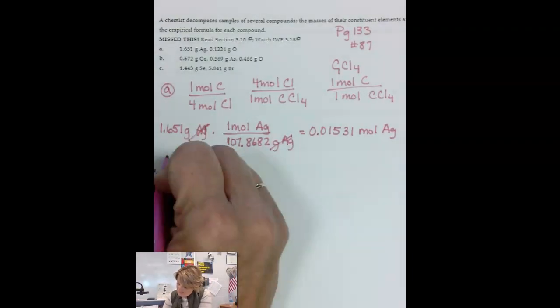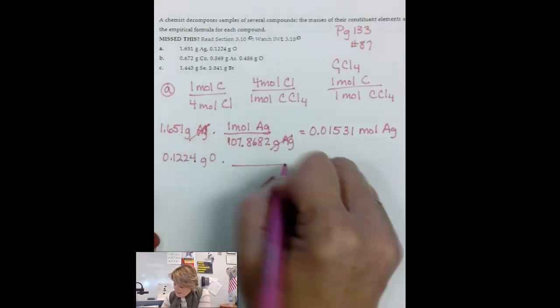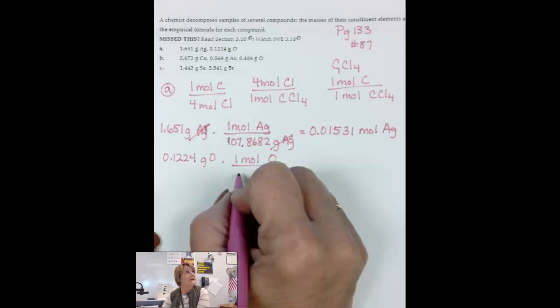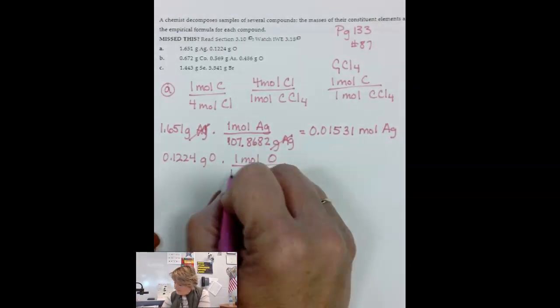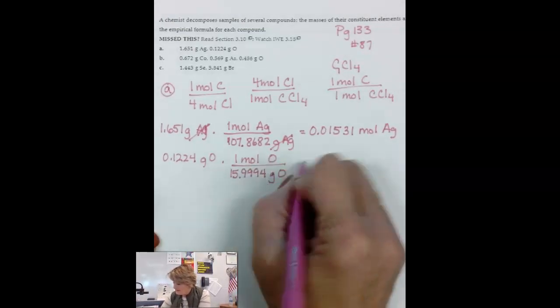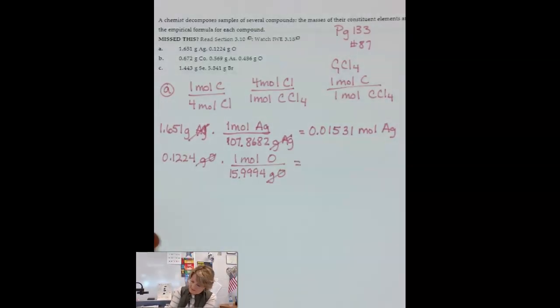Now let's do it with the oxygen. 0.1224 grams of oxygen. And so 1 mole of oxygen. And again, go to your table. Mine says 15.9994 grams of oxygen. Okay, my grams of oxygen are going to cancel. We're going to run the numbers real quick.